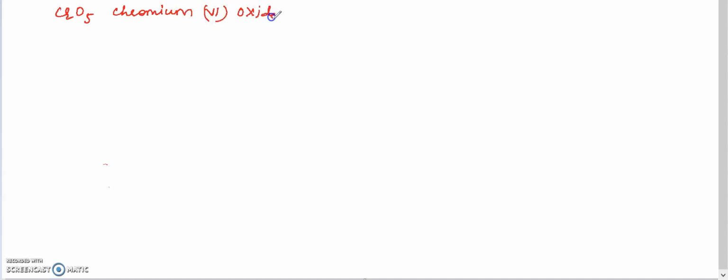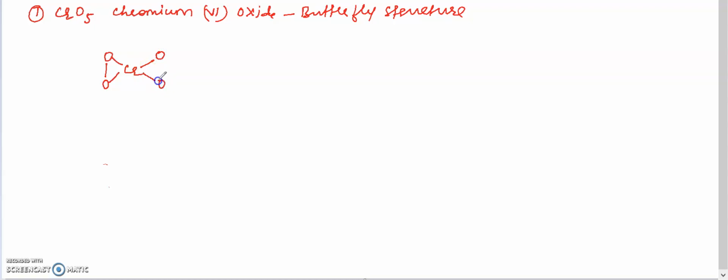Chromium 6 oxide has a butterfly structure. How is it? This is Cr, this is peroxide, this is also peroxide, and this is oxide. So its structure is like this, like a butterfly.